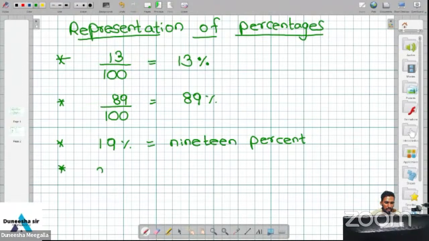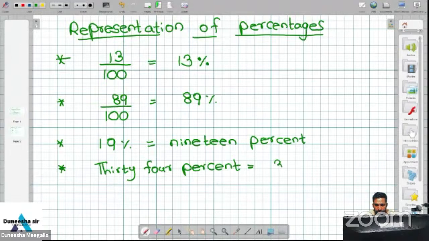Then I am showing another. 34%. How do we express it in number 34 and the percentage mark? Okay, can you write this?